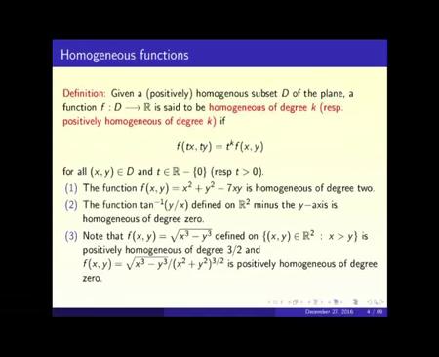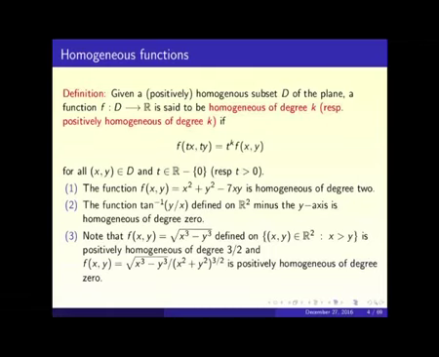We don't want that. So what is the domain of this function? The domain is the set of all points (x, y) in R2 such that x is bigger than y. It is a half plane. So this domain is positively homogeneous but not homogeneous.